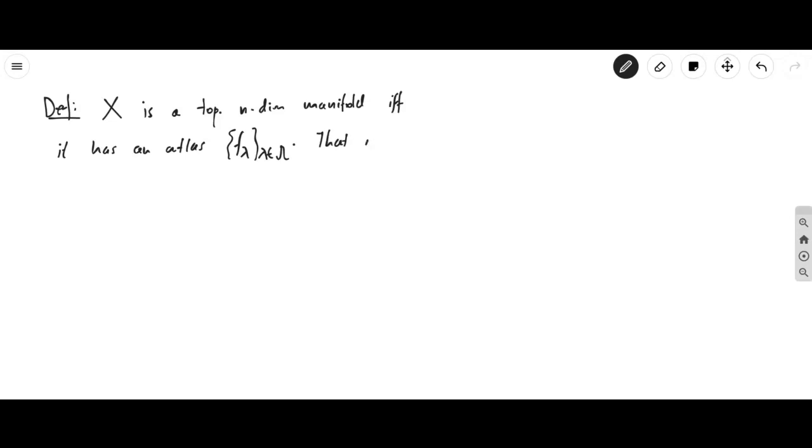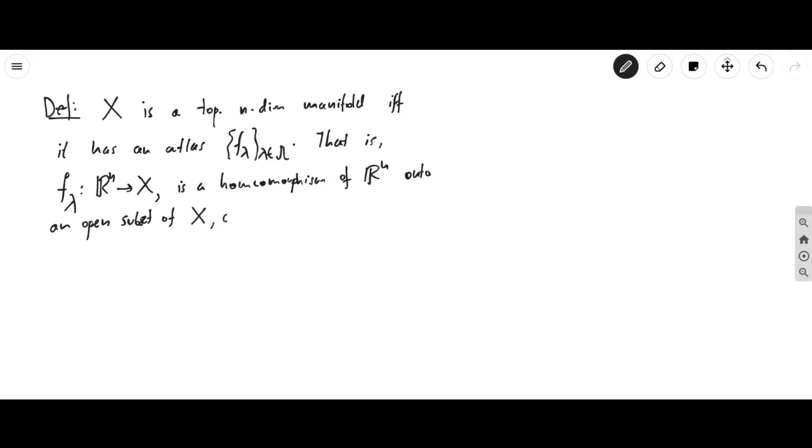That is, F lambda is a map from Rn into X, a homeomorphism of Rn onto an open subset of X. Let's call it U subscript lambda. And the union of all of those open sets glue together and give you back the original space.